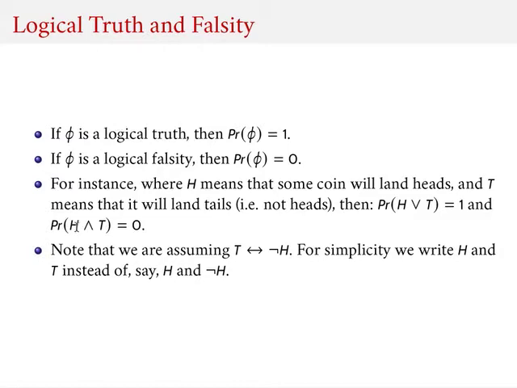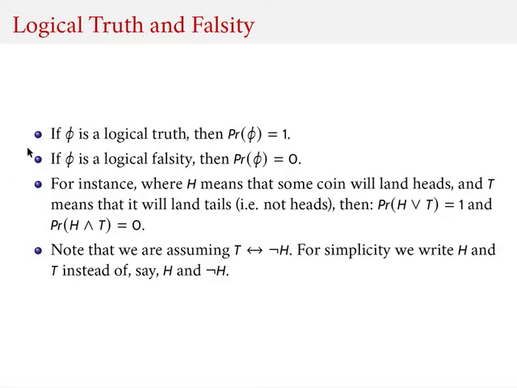And similarly, H and T is a logical falsity, so thus must be assigned probability 0 by the second rule.